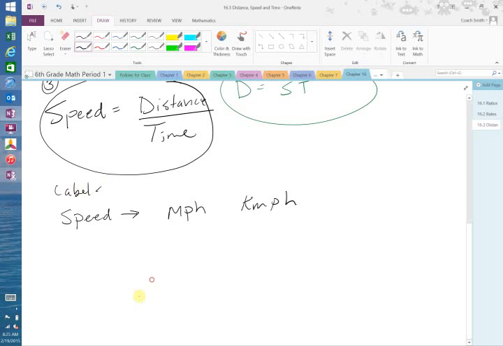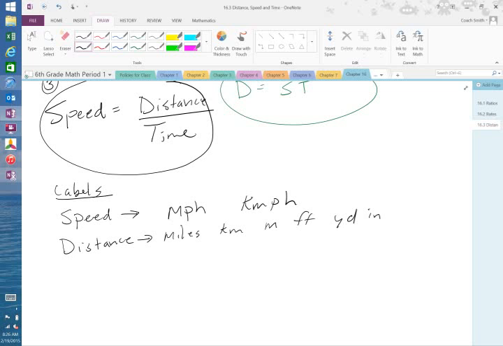These are labels for the different things we're looking for. Distance can be quite a few different things. It could be miles, kilometers, meters, feet, yards, it could even be inches. Those are all labels that we would use if we were looking for distance.